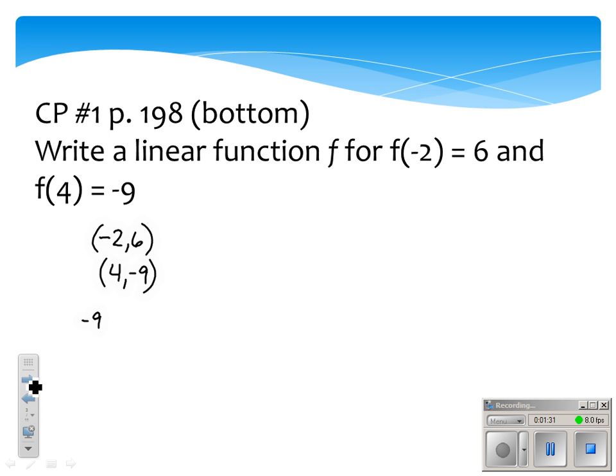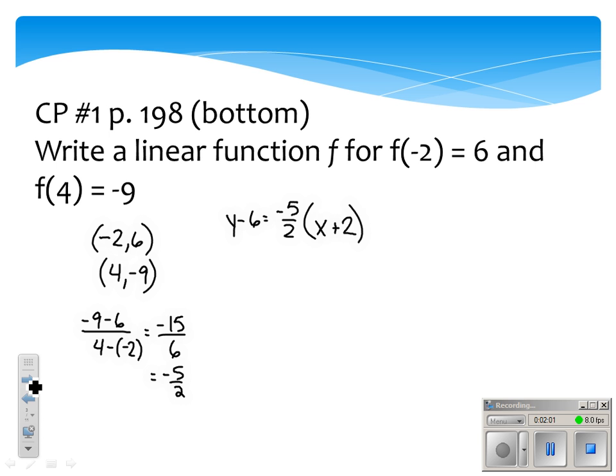We'll have negative 9 minus 6 all over 4 minus negative 2, or negative 15 over 6, which is negative 5 halves. Now, using my point slope form, if I use one of my points for my x and my y, and I'm going to choose the first one, I would have y minus 6 is equal to negative 5 halves times x minus negative 2, or x plus 2.